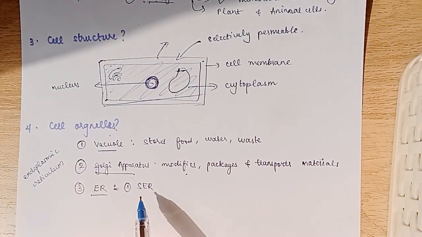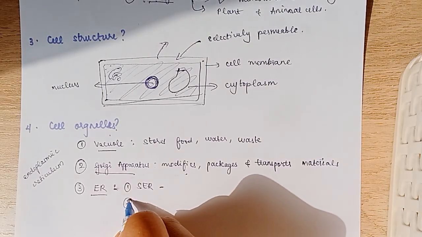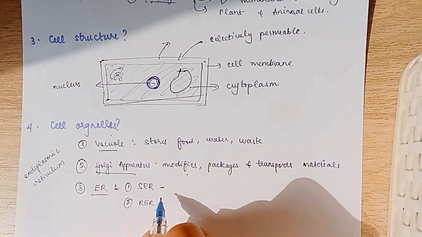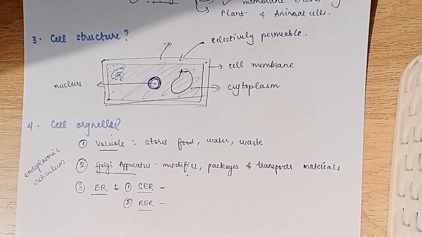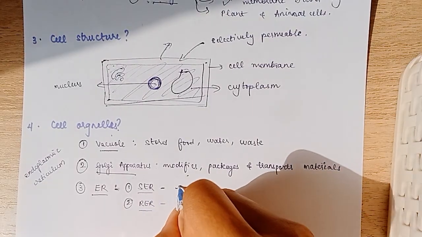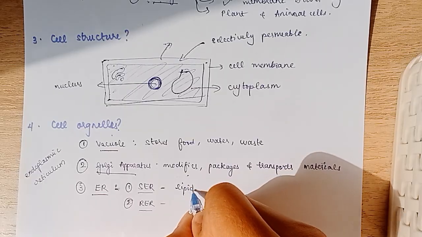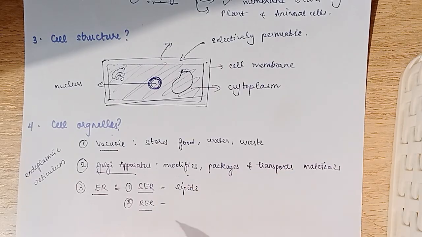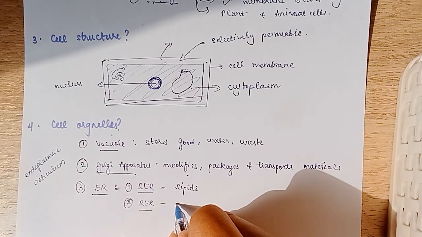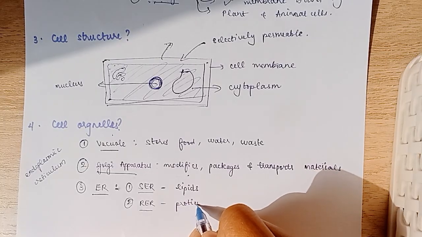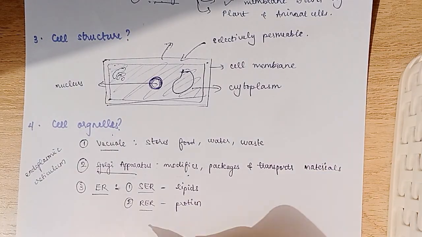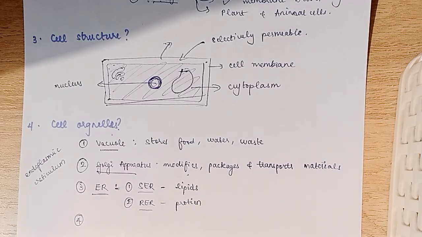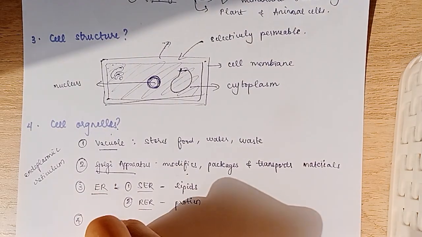They are of two types: smooth endoplasmic reticulum and rough endoplasmic reticulum, or RER. Now, smooth endoplasmic reticulum helps in the synthesis of lipids or fats, and rough endoplasmic reticulum helps in protein synthesis or protein transport.